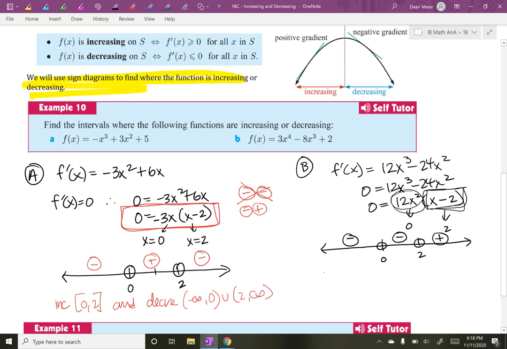So the graph is increasing. I'm going to do first again, increasing from 2 to infinity. It is decreasing from negative infinity to 0. Then something's happening weird at 0. And then it goes back to decreasing from 0 to 2, right? So be careful. Now, is it okay to say that it is decreasing the entire time?